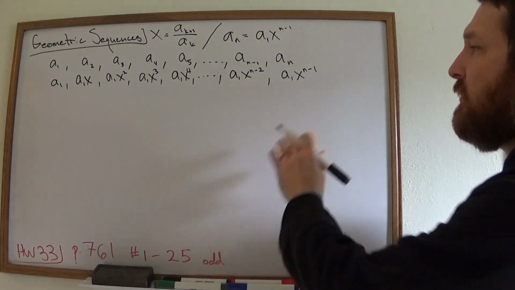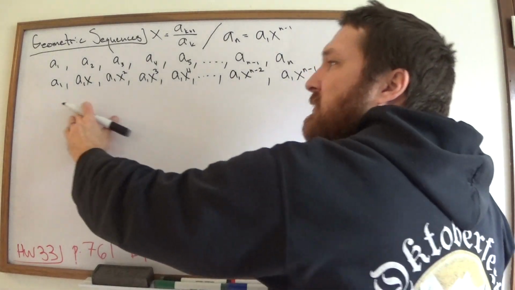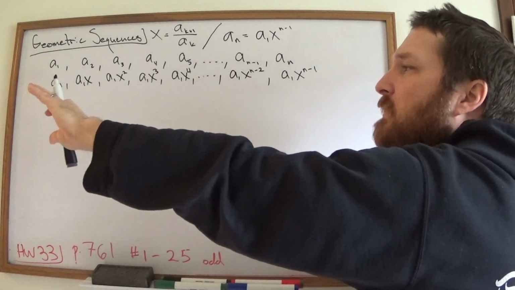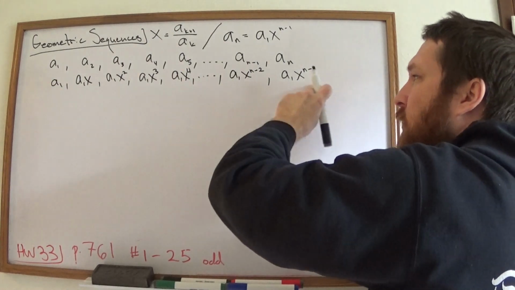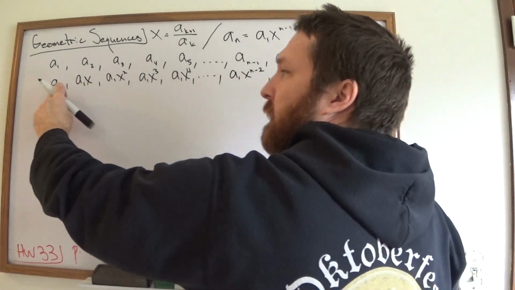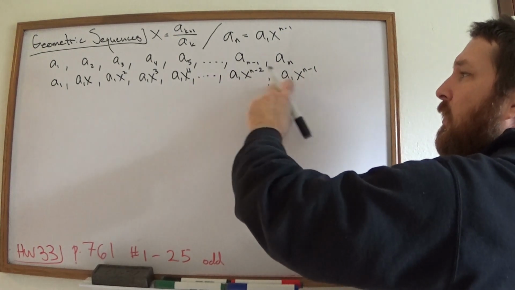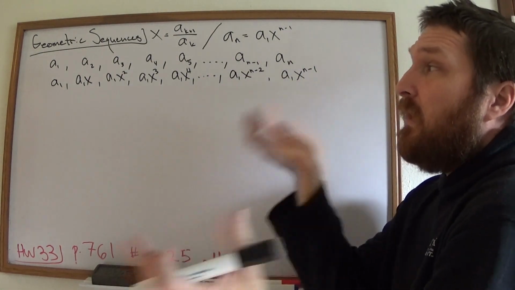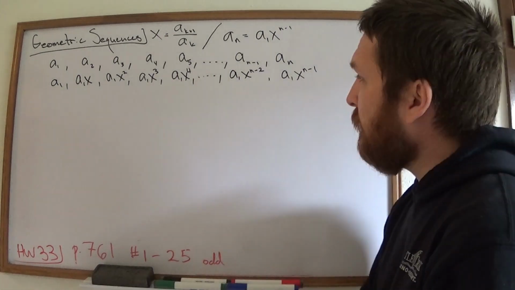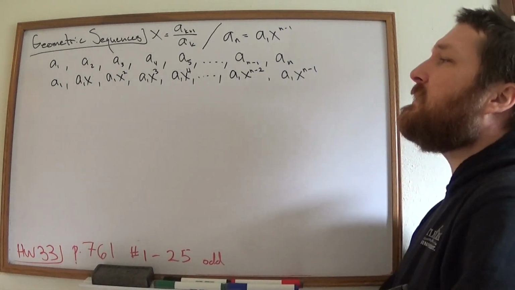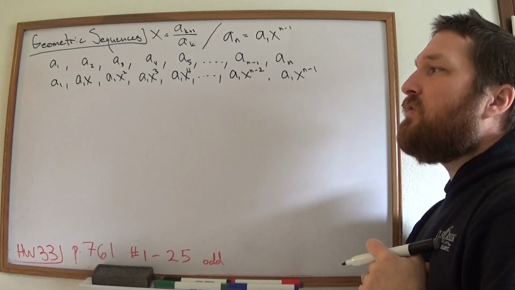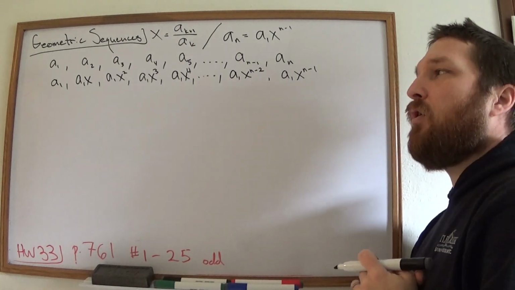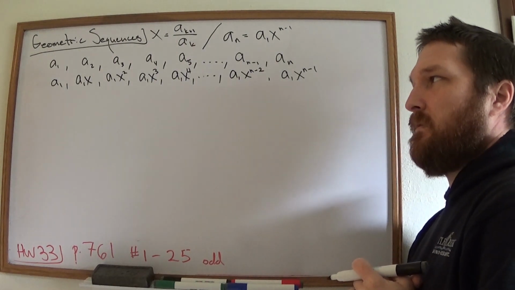Okay, so this is another way of writing any geometric sequence. You give me any geometric sequence in the world, and it's going to have this form right here. The only question is what's A1 and what's x. Now let's say that I want to find the nth partial sum of this.